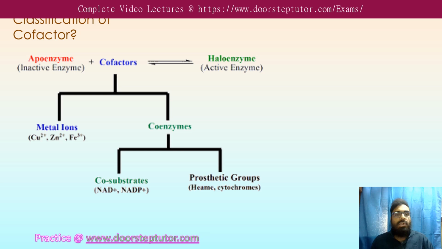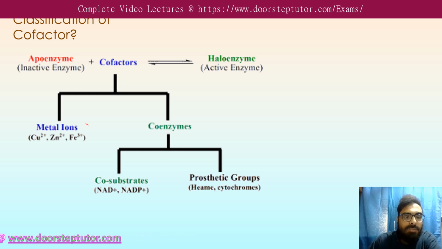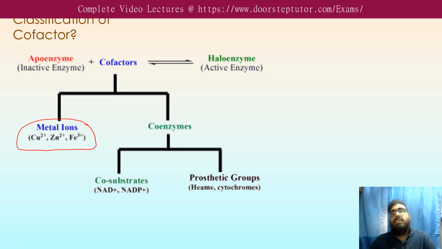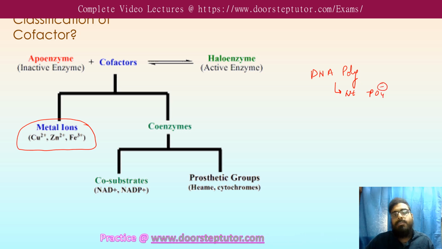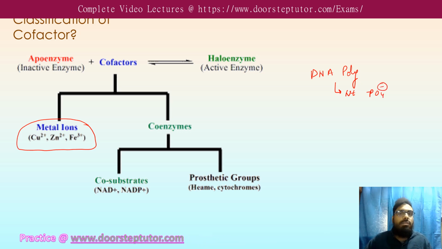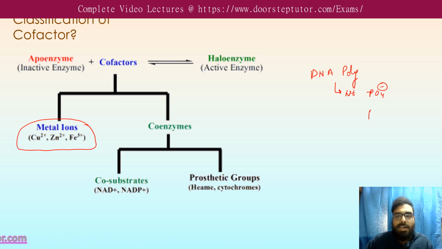Cofactors can be classified into metal ions. For example, take the DNA polymerase active site. While polymerizing nucleotides, the nucleotide comes with PO4 negative charges, and if the incoming nucleotide is a triphosphate, it carries 4 negative charges overall.